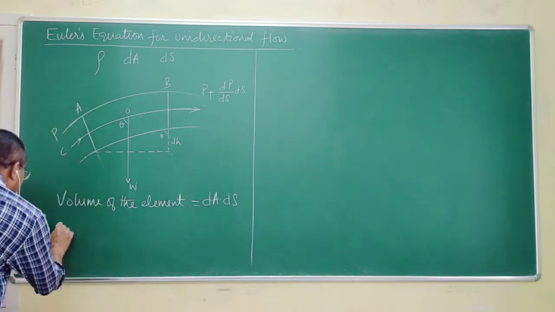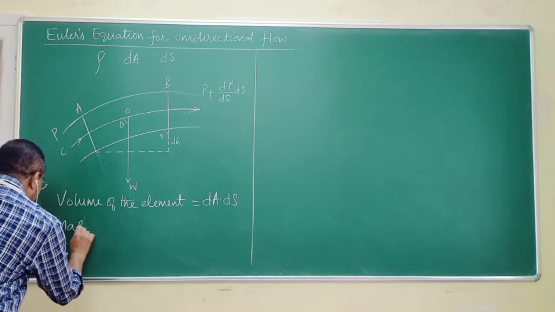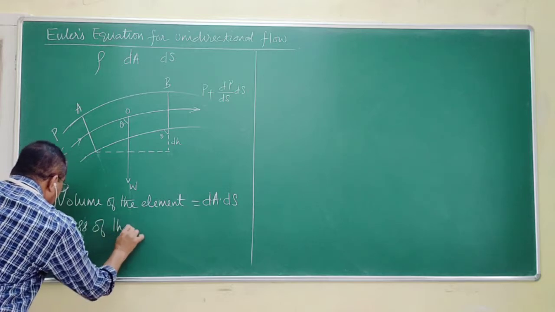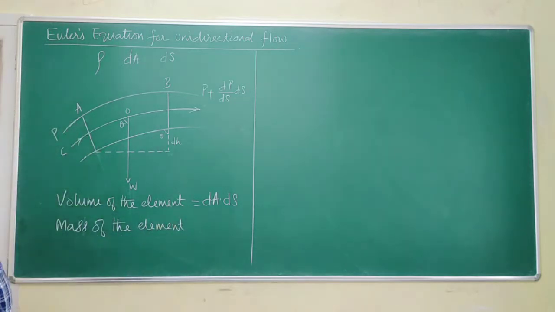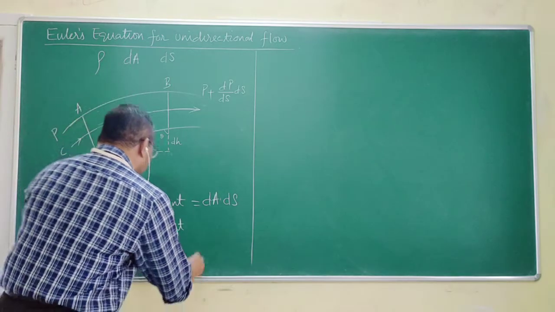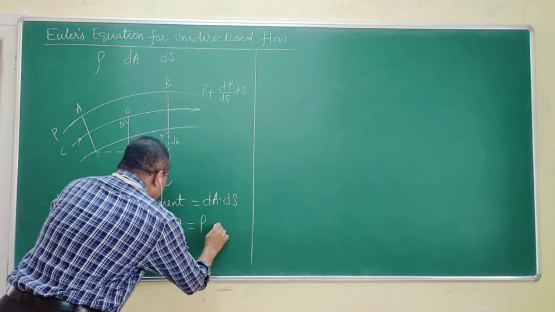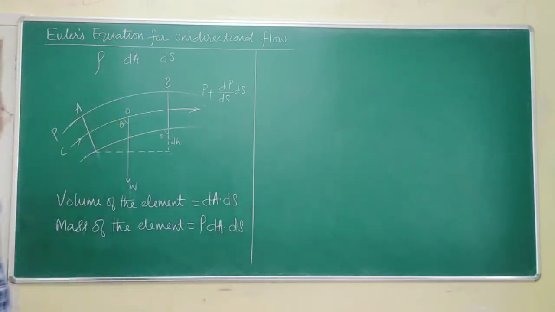Therefore we can also write what is the mass of the element. Mass is volume times density, therefore rho into dA into ds. That will give you mass of the element. I suppose you are following what I am saying.